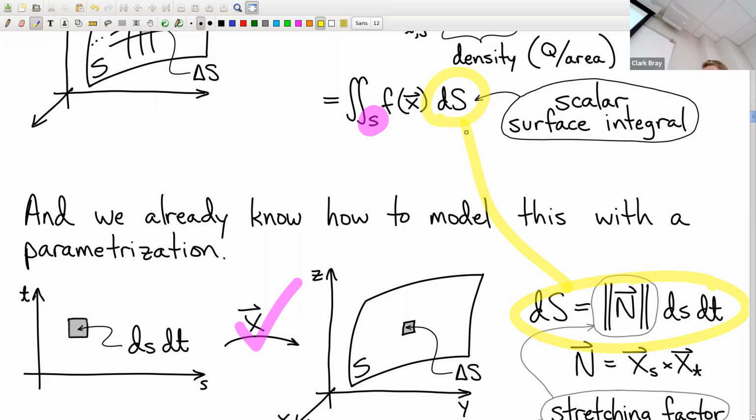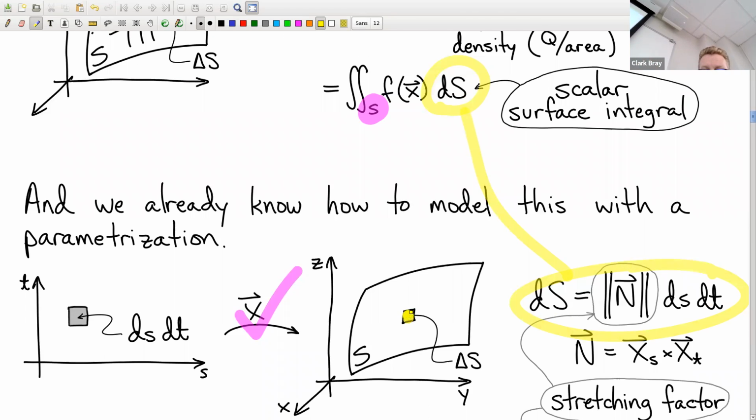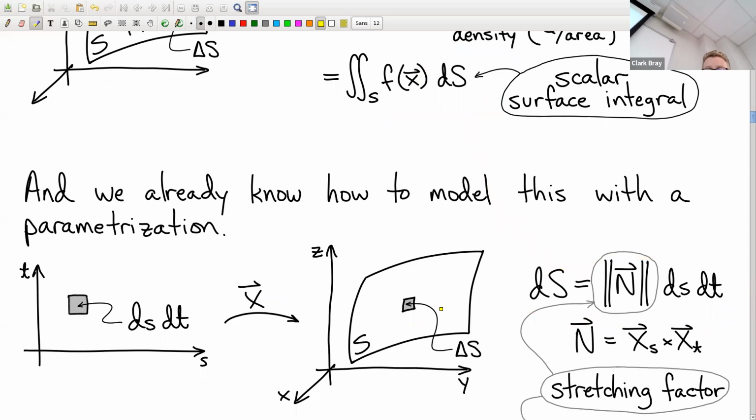We've already talked about computing surface areas, and this dS representing area on my parametrized surface. It's the same dS that we were talking about a couple minutes ago. So it's really just a matter of writing down what we already know. And here goes.